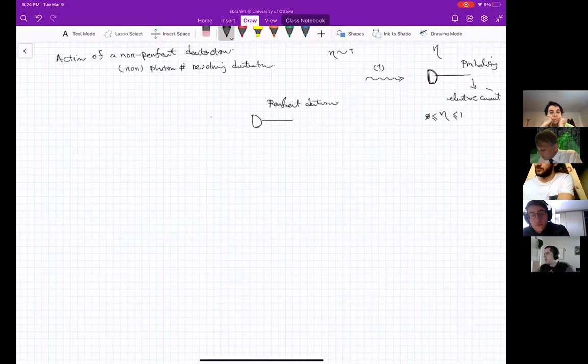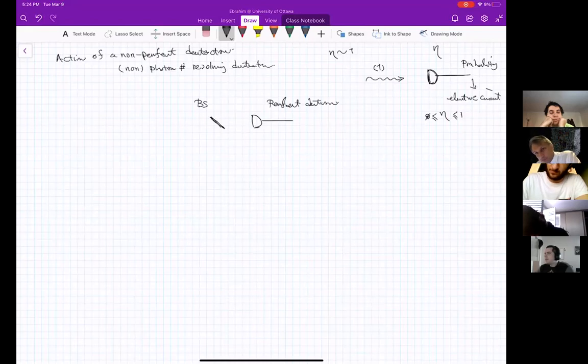And a beam splitter. The beam splitter has the transmittivity of eta. Okay? So this beam splitter is refracted, let's say, Fresnel coefficient R is equal to square root of eta.